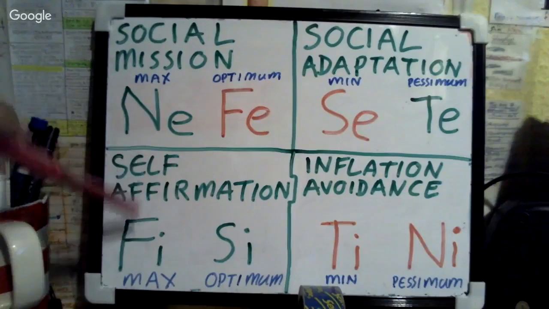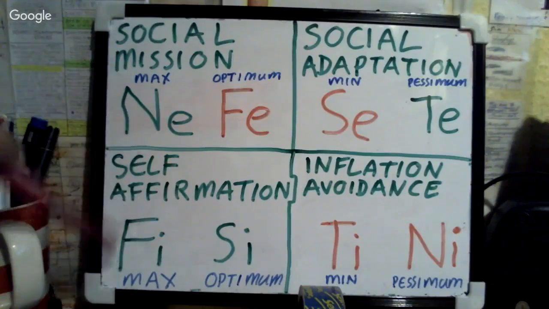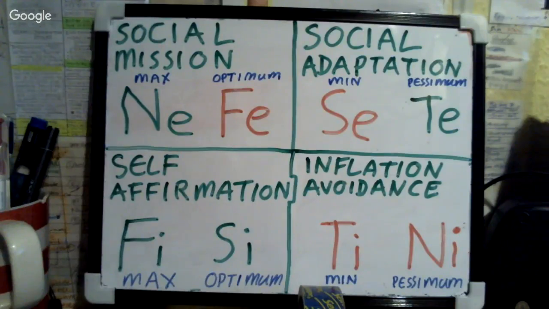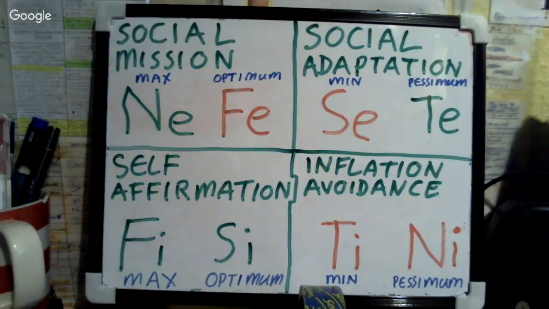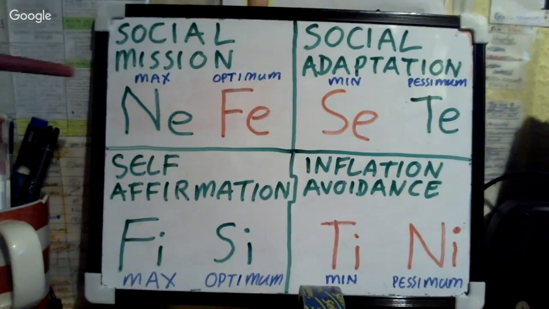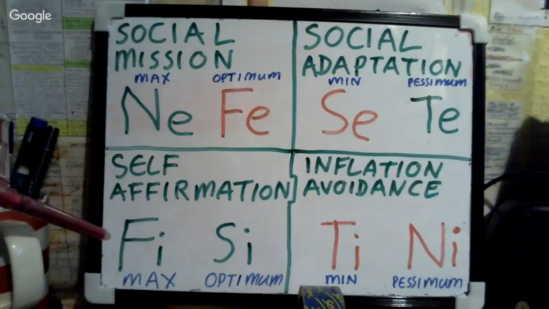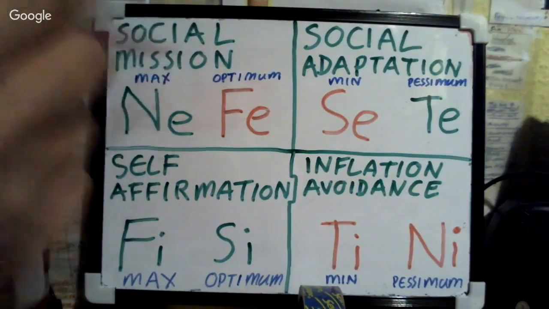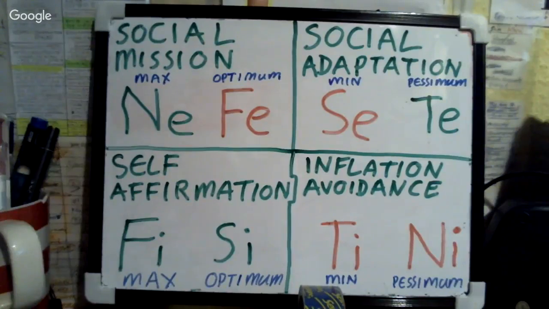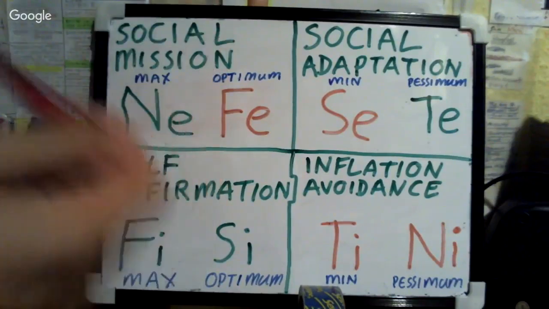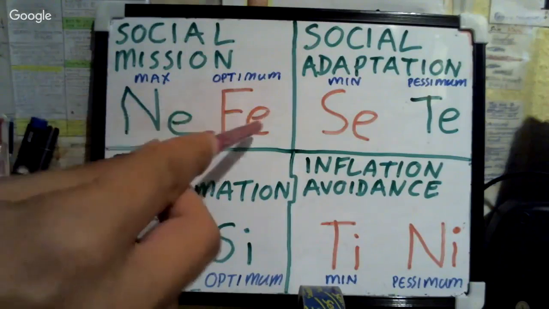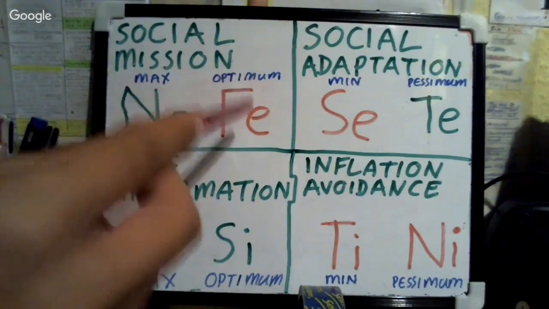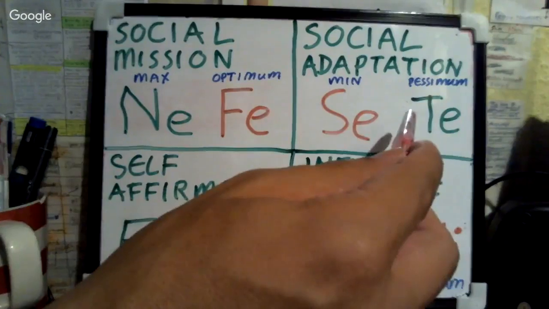Maximum energy for these functions, optimum energy for these. The psyche, people tend to overindulge their two favorite functions, the lead function and their auxiliary function. So within the social mission, when it's directed towards us, if you have a problem when you cannot use these two, then ENFP will go to these two.